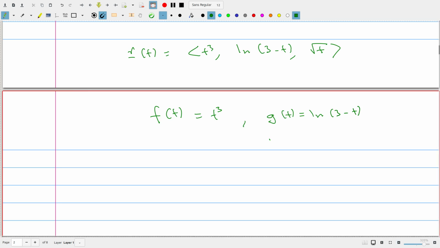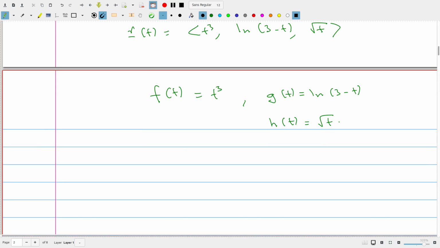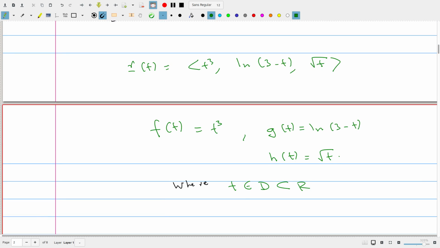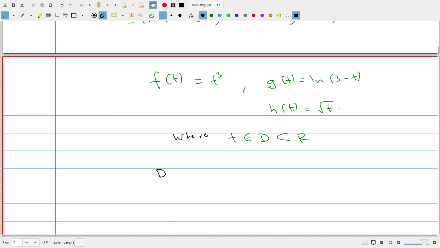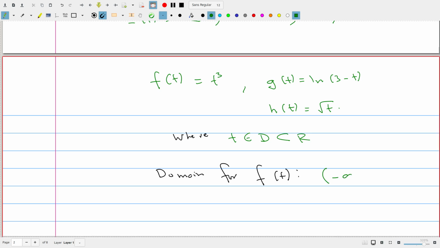And h(t), the z component function, is the square root of t, where t is part of the domain D, which is itself a subset of R. Now, the domain for f is minus infinity to positive infinity.